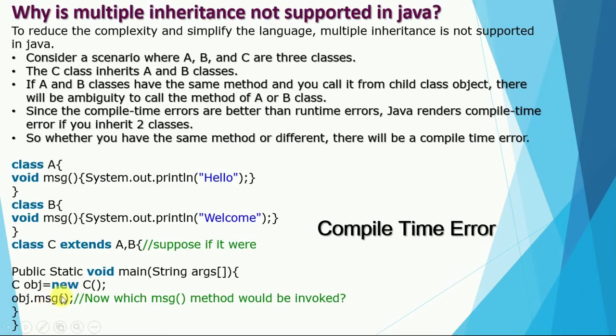Now which message method would be invoked? Because the same signature method, message, is present in both class A and B. So there is a confusion. Since compile time errors are better than runtime errors, Java gives a compile time error if you inherit two classes. So whether you have the same method or different ones, there will be a compile time error. That's why Java does not support multiple inheritance.